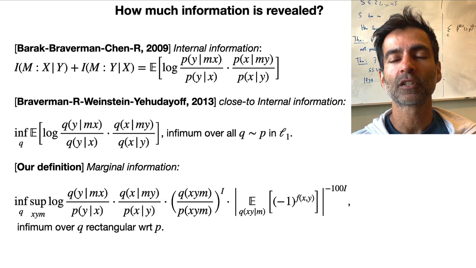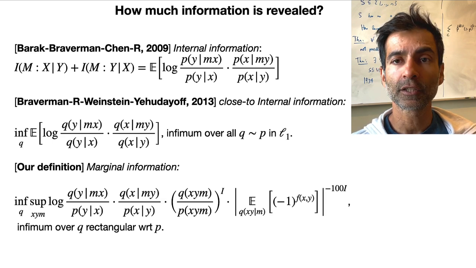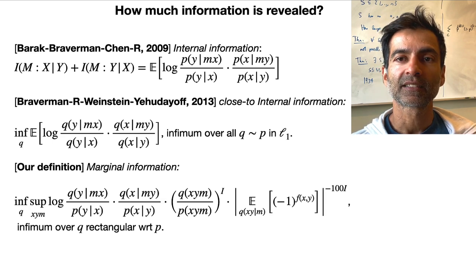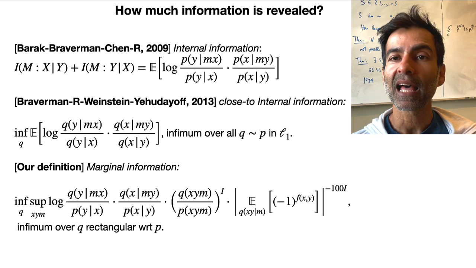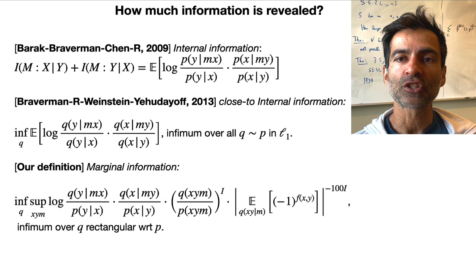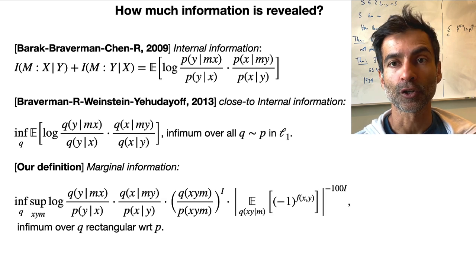So the first two terms in this definition correspond to the internal information terms. The third term corresponds to ensuring that Q is close to P, in the sense that the Q over P ratio is controlled. And the last term corresponds to ensuring that the advantage for computing F under Q is large.